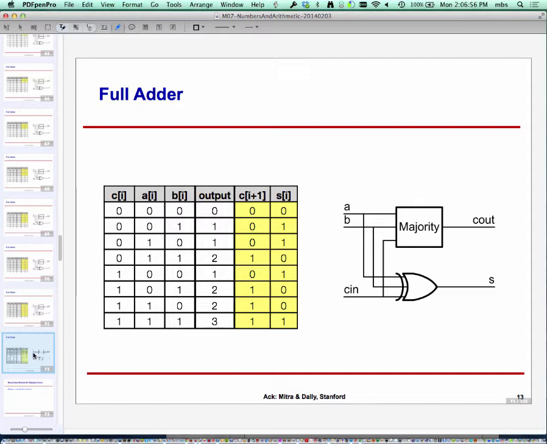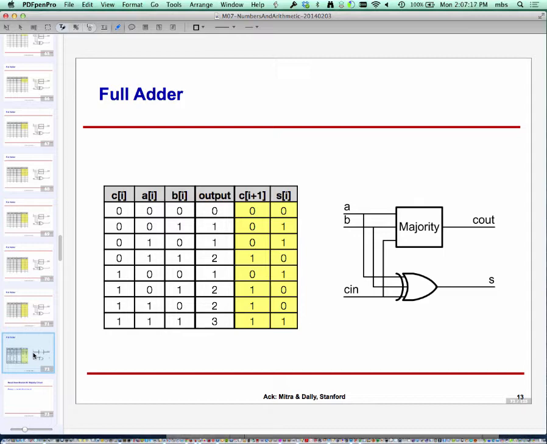In binary, we have three things: the corresponding bits of the two numbers we are adding, which are 0 or 1, so 1 bit each, as well as a carry, which is 0 or 1, which is again 1 bit. So in any given bit position, we add 3 1-bit numbers, and that's what a full adder does.